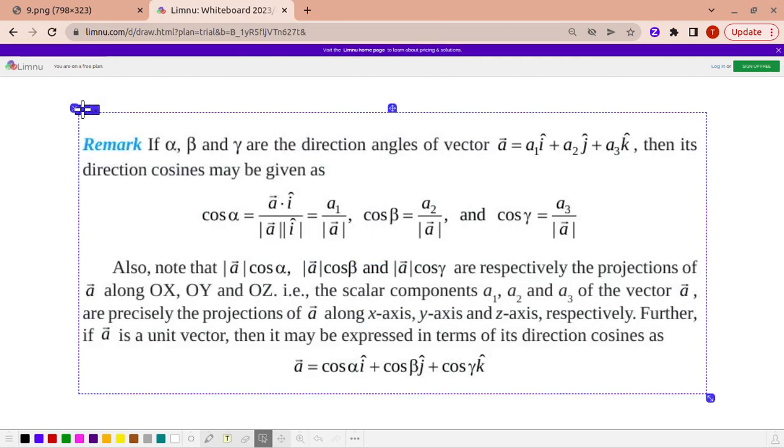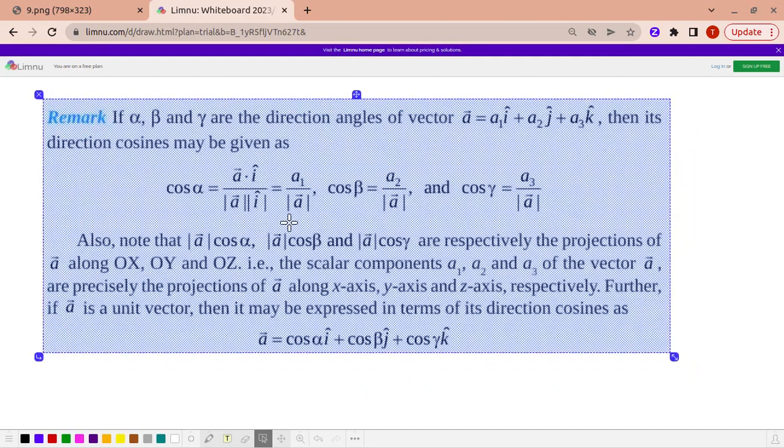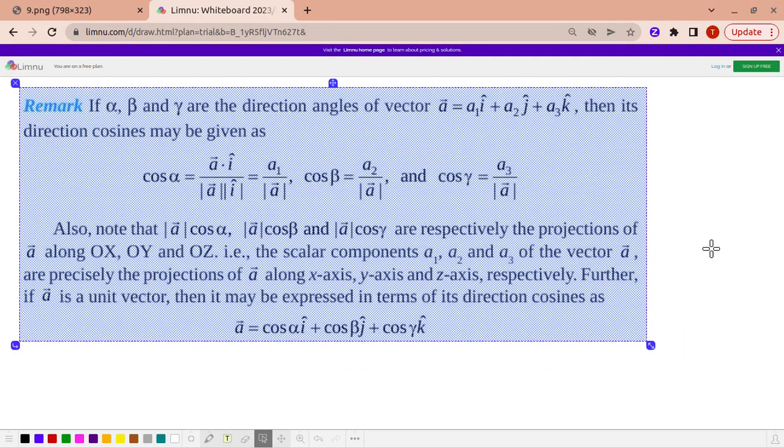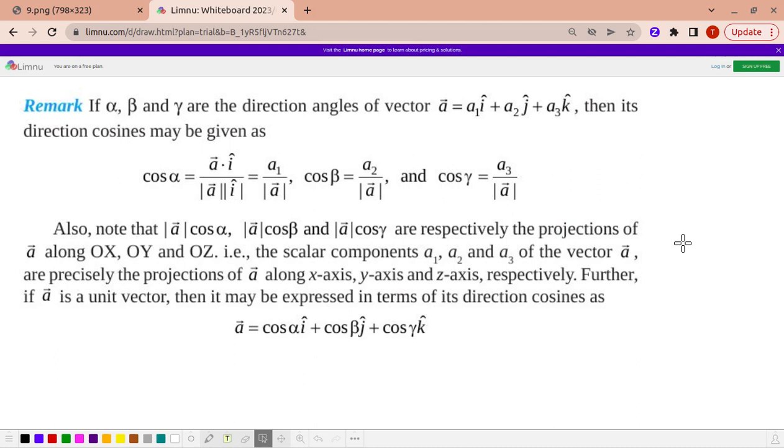If you recall the direction cosines, it is related to that. Let alpha, beta, gamma be the direction angles of a vector A, and the vector A is represented in component form as A vector equal to A1 i cap plus A2 j cap plus A3 k cap.